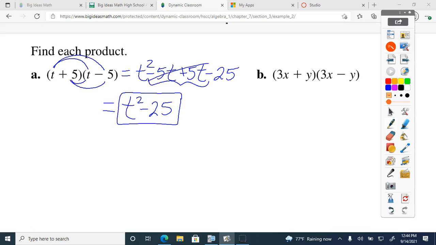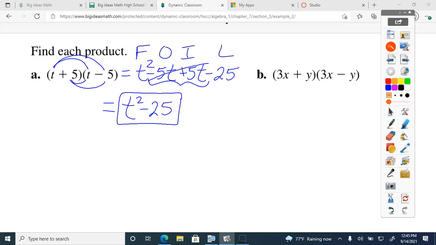Since I know that happens every time, remember we did first, outer, inner, last, for our FOIL. That means we don't have to do the outer and the inner because this is going to happen every time. But that's only in these special cases.